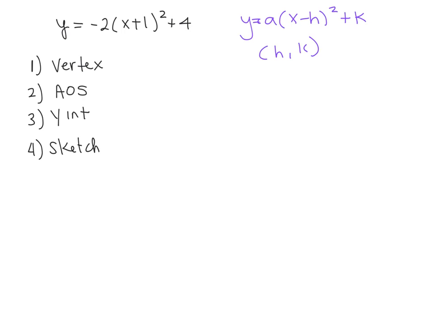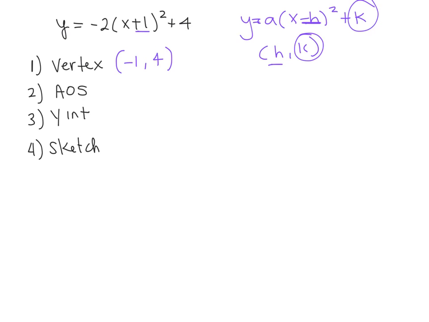Notice that k remains the same. Positive k is k. It's a negative h that makes it an h for the vertex form. So in this case, if you have a positive 1, that means your vertex must be at negative 1 and 4. So for the x-coordinate, you have to negate that answer.